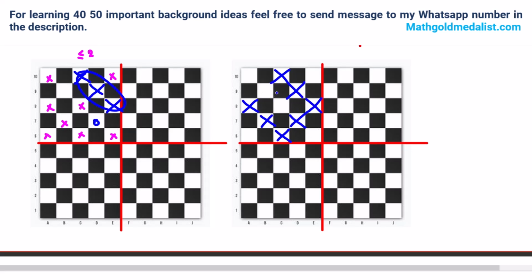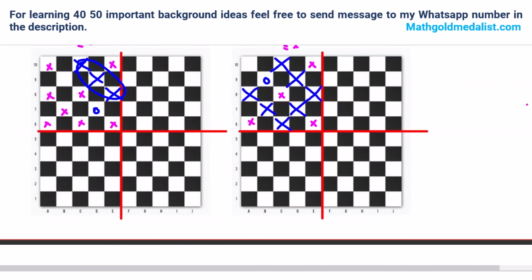This one, this one, this one, this one, two. Okay, so can we say anything about this? So let's select this one. Do you agree we can remove this one, this one, this one, this one? So again, do you agree in this case it will be at most 2?